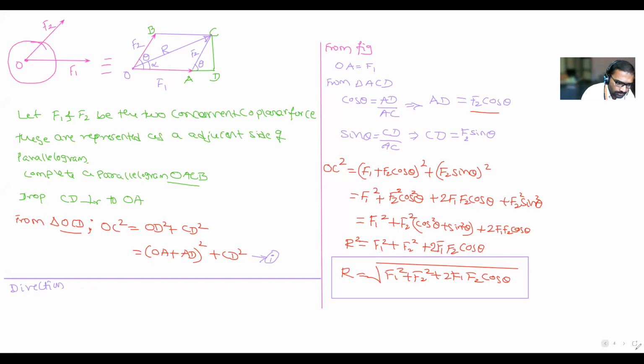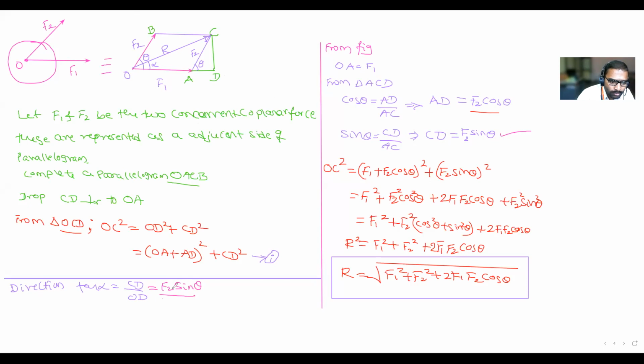So tan alpha is equal to CD upon OD. What is the CD value? We have calculated it: F2 sin theta. Then what is OD? OD is equal to OA plus AD, correct?